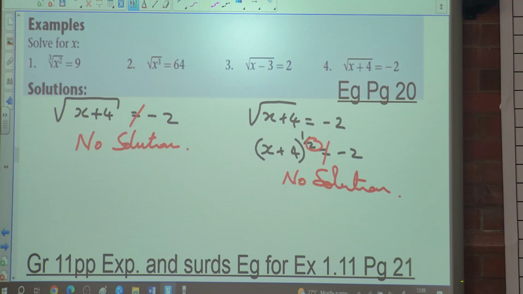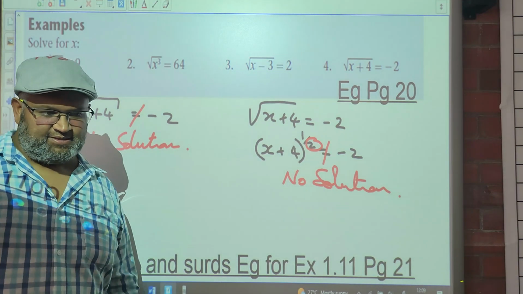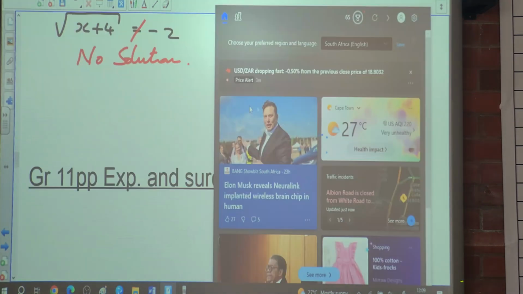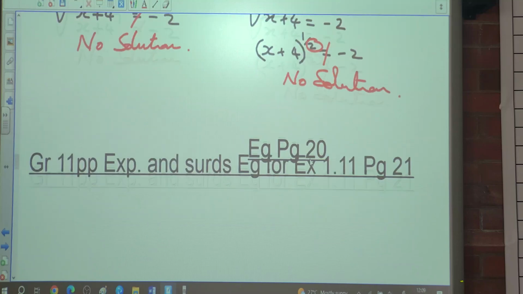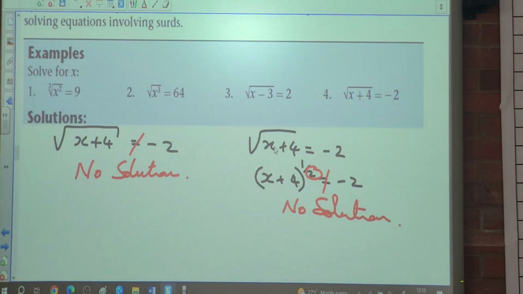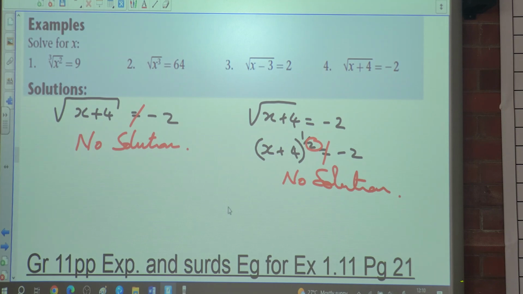Any confusion there, people? Any confusion? Okay. So with that, you should be able to do exercise 1.11 on page 21.